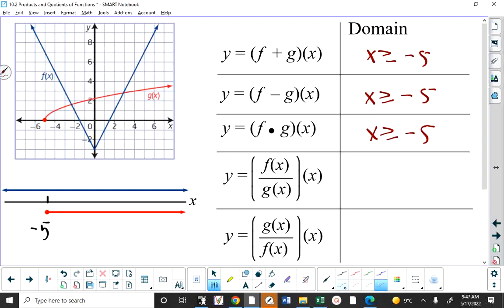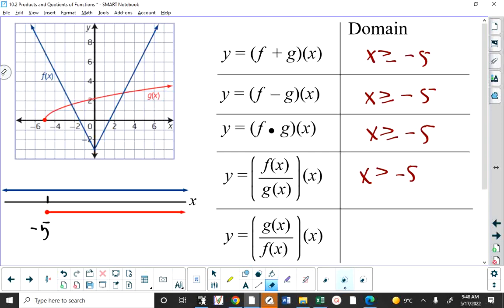F over g, x is greater than or equal to -5, except you can't divide by 0. So we're dividing by g of x. Where is g of x 0? Well, g of x is 0 at -5, isn't it? So we can't have the equals to. It has to be greater than.